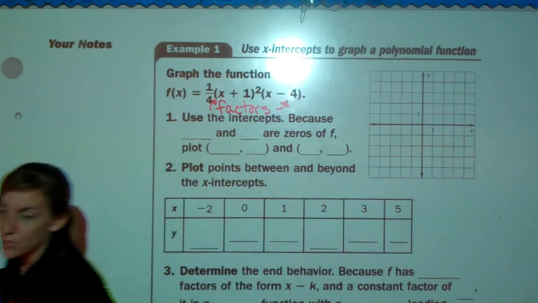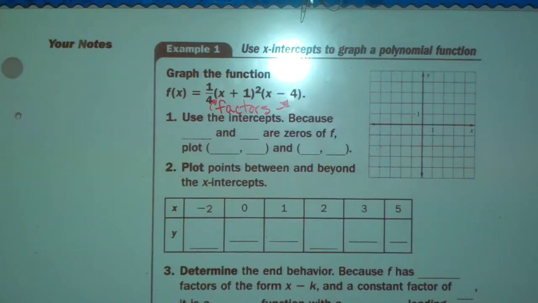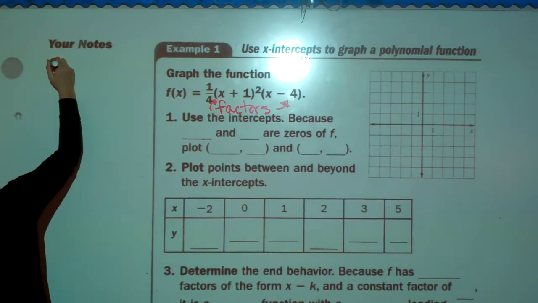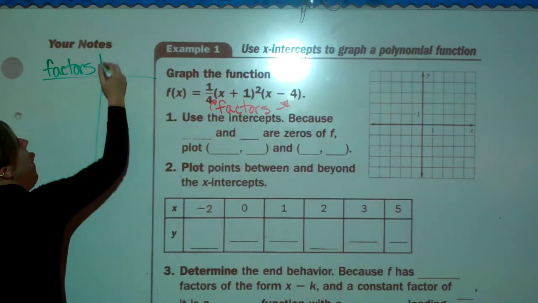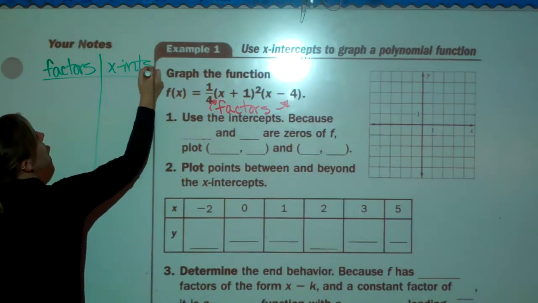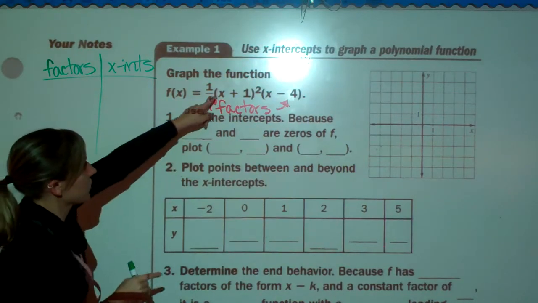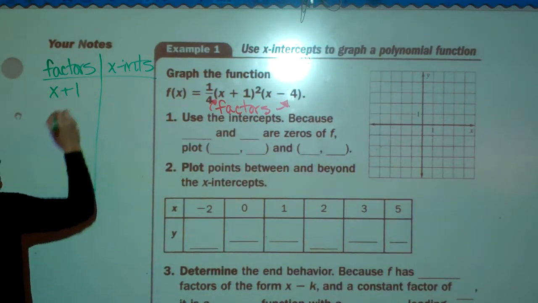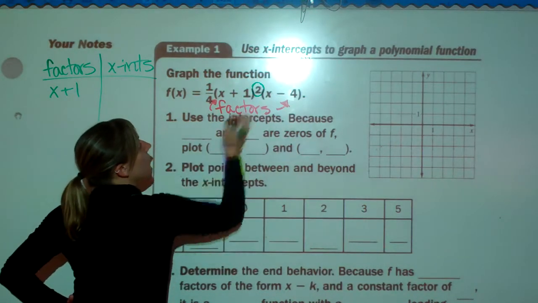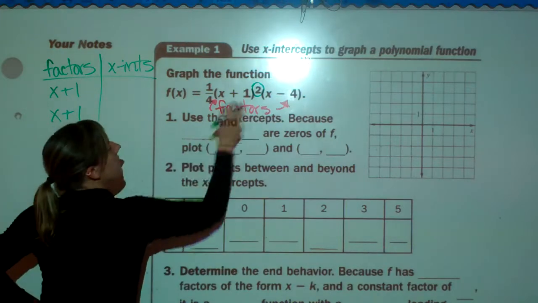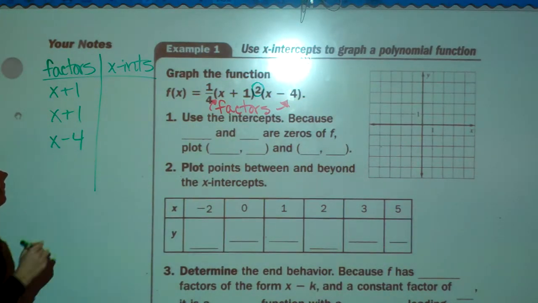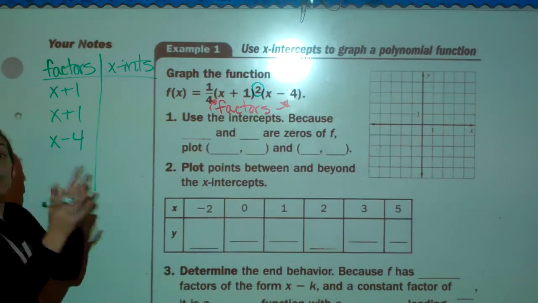Let me see how much room I have. Okay. All right, so if my factors, let's think of it this way. Factors and x-intercepts. So if my factors are x plus 1, and there's 2 of them, because it's squared right there, so that stands for 2 factors, and then x minus 4. Okay? Well, factors and x-intercepts are opposites.